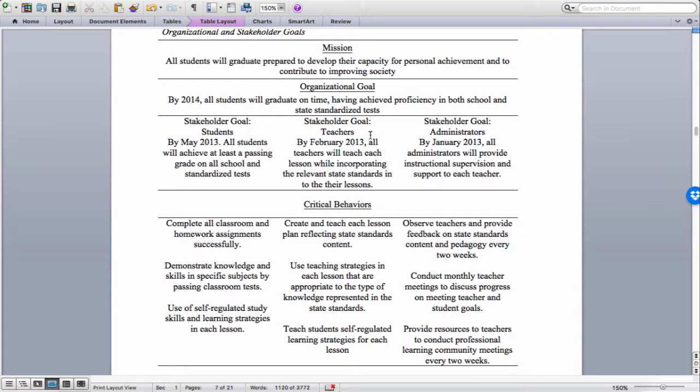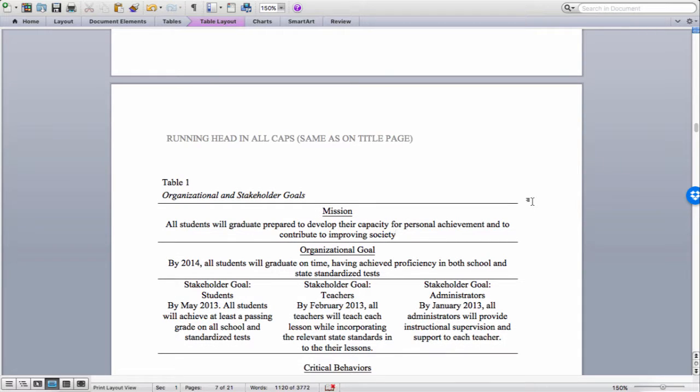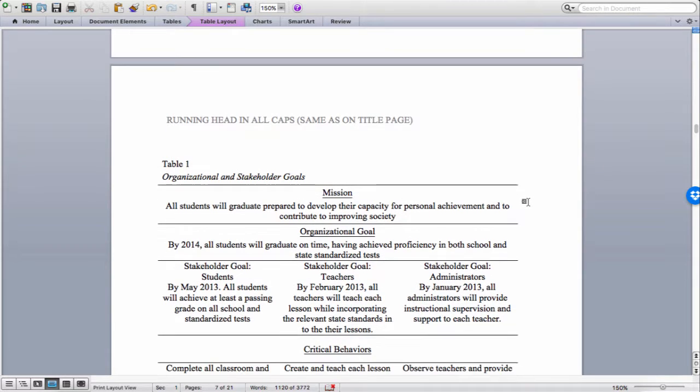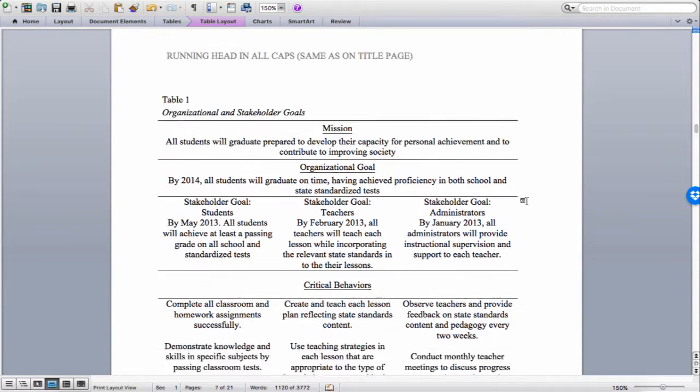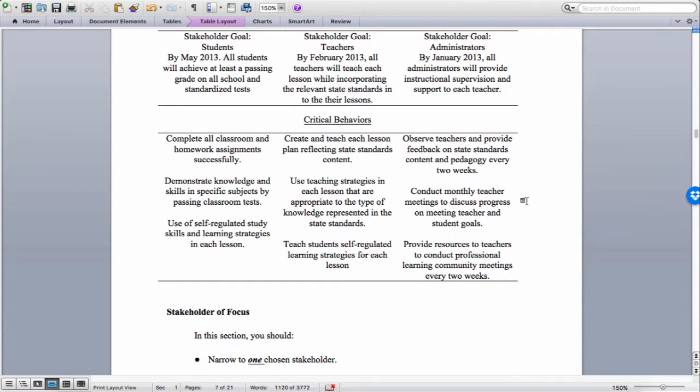To complete the table, let's start with our organization and stakeholder goals. In that table, then, we put our mission, our organizational goal, our stakeholder goals, and our critical behaviors. So you remember that we did.